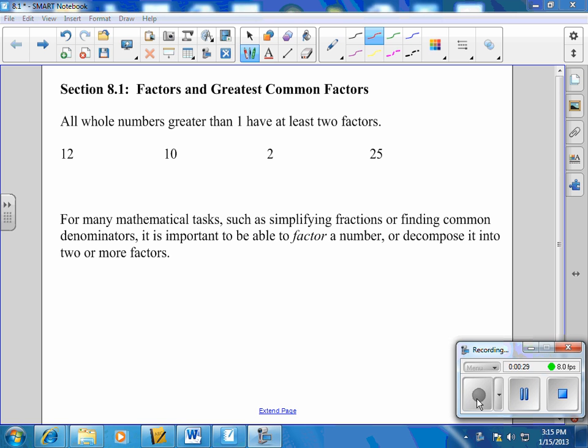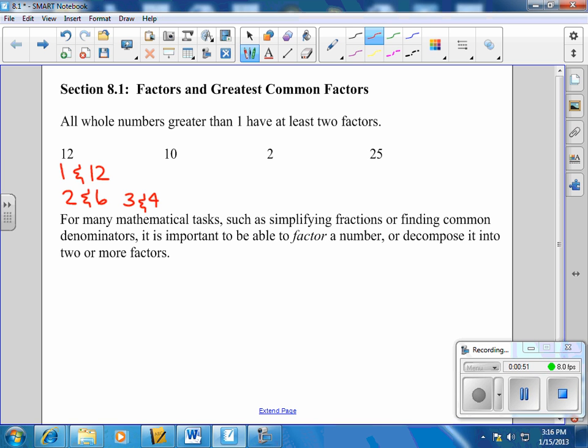So factors of 12 are numbers that multiply together to give us 12. So we of course have 1 and 12, but then we can also do 2 and 6. And then there's one more possibility for this one, 3 and 4 also work. Those are factors.